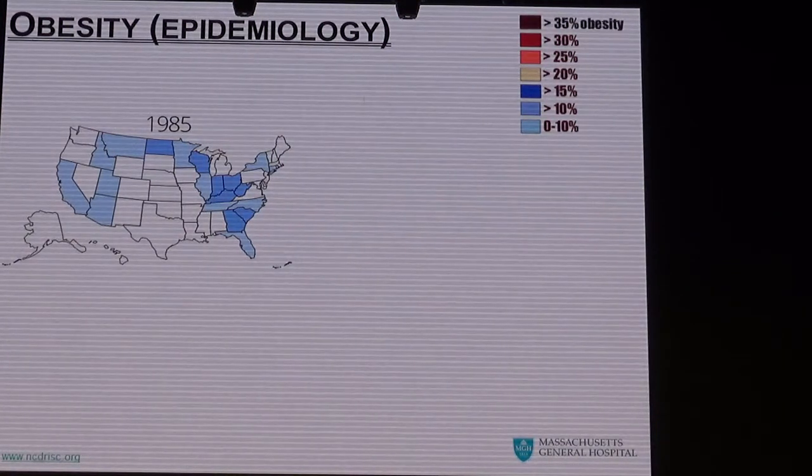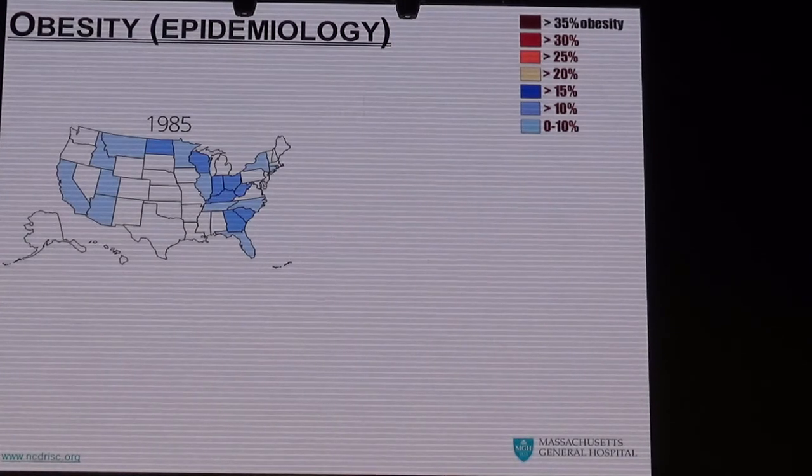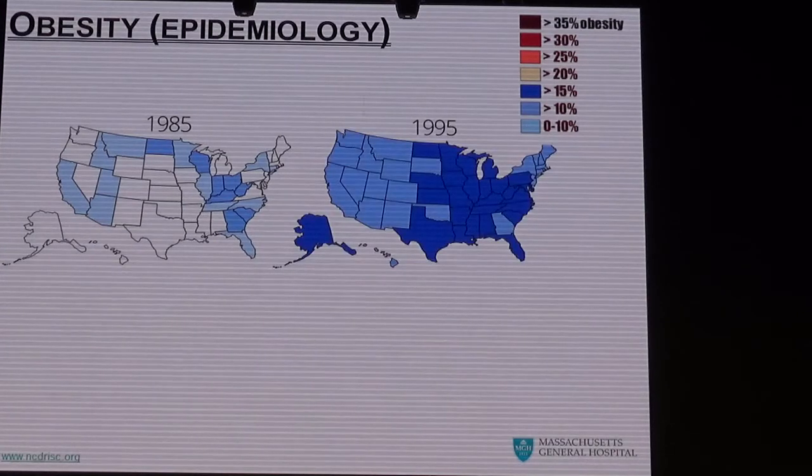This is what happened in the United States over the past decades. As you can see, the obesity epidemiology is not really high. There are only a few states where the incidence of obesity is about 10%. But then 10 years later, in 1995, obesity becomes about 10 to 15%.